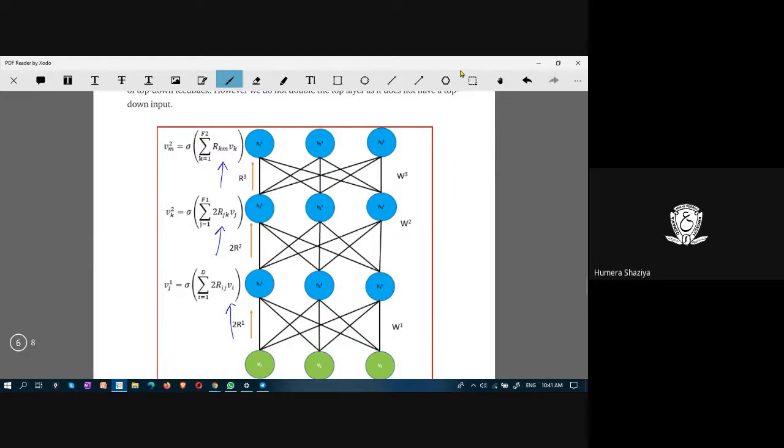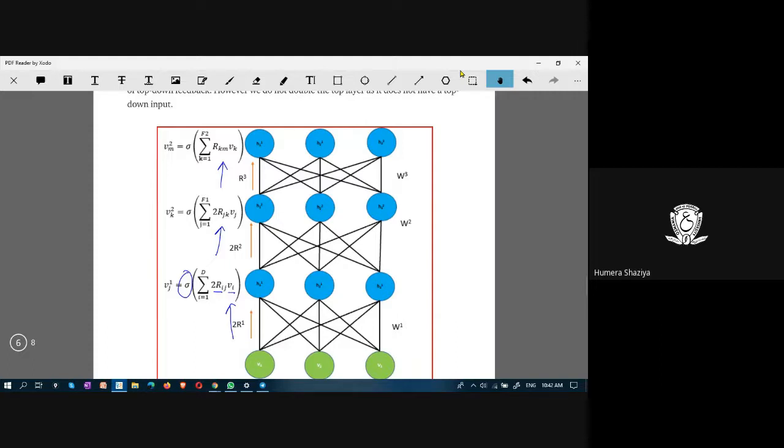It applies this V into these weights, here denoted by R, and then taking the sum over all combinations and applying a sigmoid.